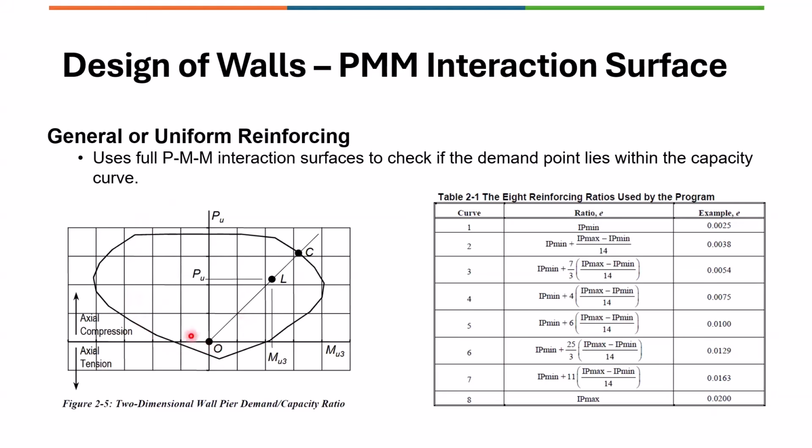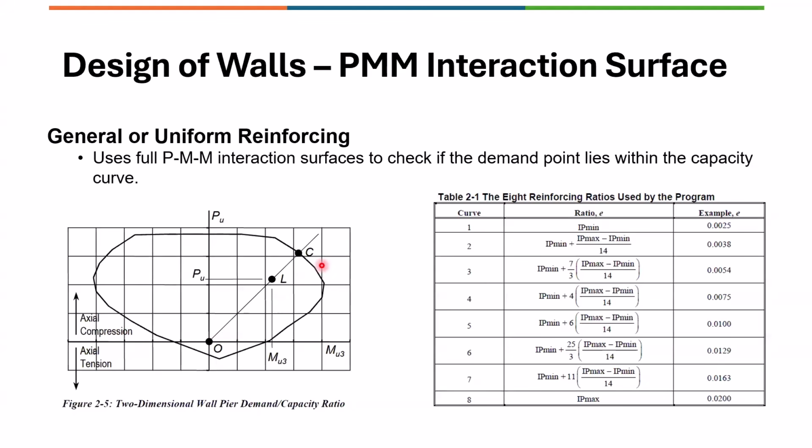And now this is a 2D representation of that. You can see the PM interaction surface. This is the capacity curve. And then L is the load combination, which is plotted for PU and M2. The other direction is M3, so it's a full 3D surface. Ray tracing will be done from the origin to the surface through the demand, and the ratio between these is the demand capacity ratio, OL divided by OC.